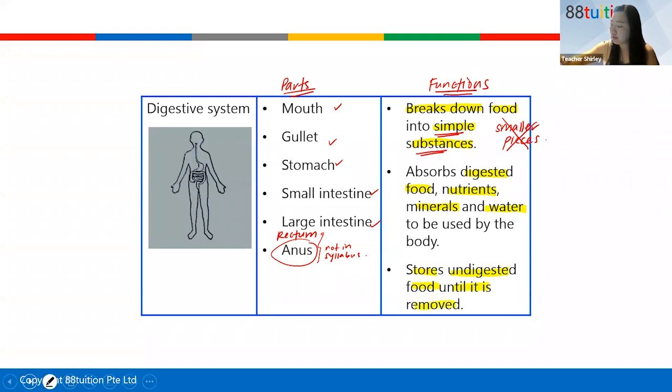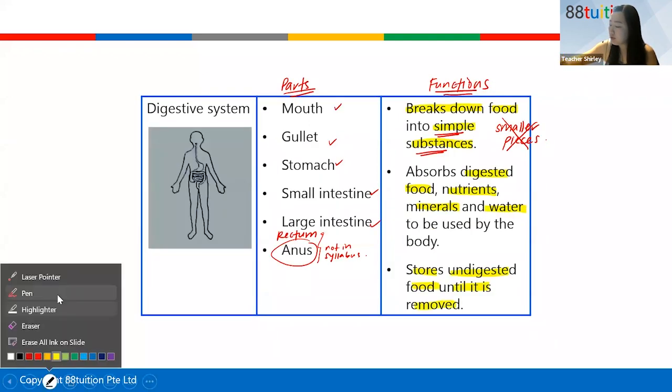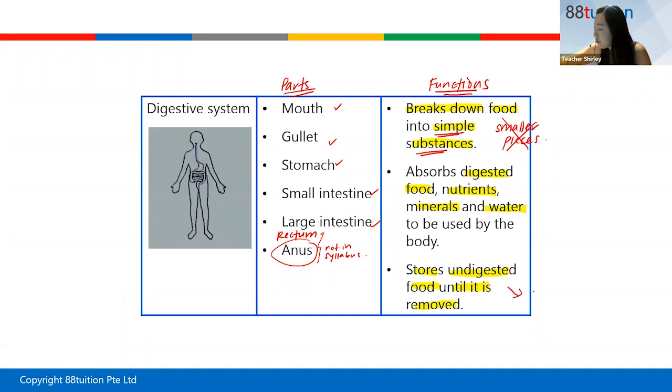For this one, we are referring to the rectum, because the rectum stores the feces until it's being released. And when we talk about digested food and nutrients, we are referring to the small intestine, because the small intestine is the place where food is being digested and the digested food is being absorbed.